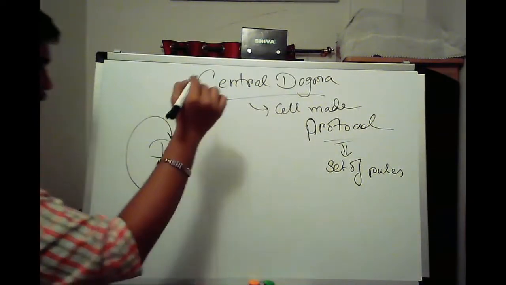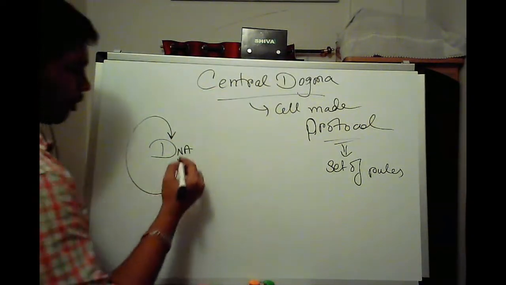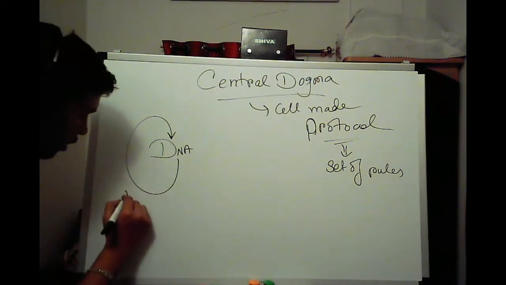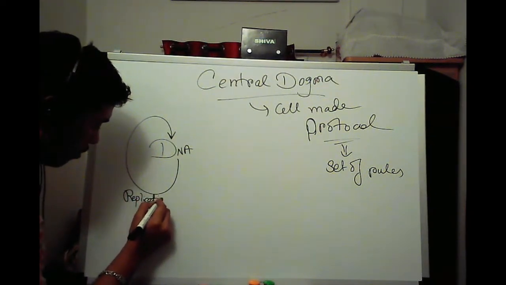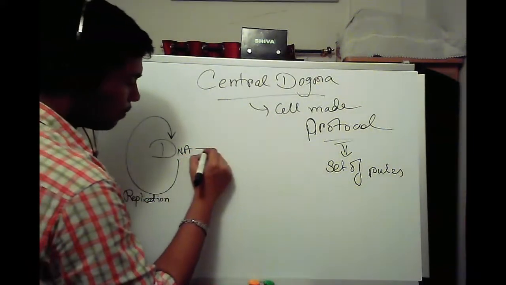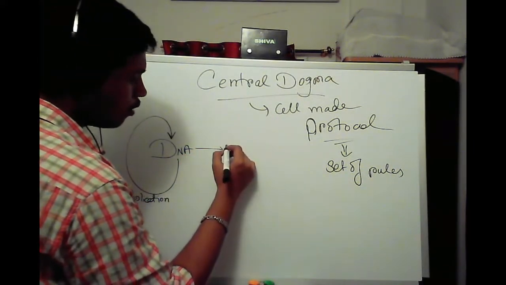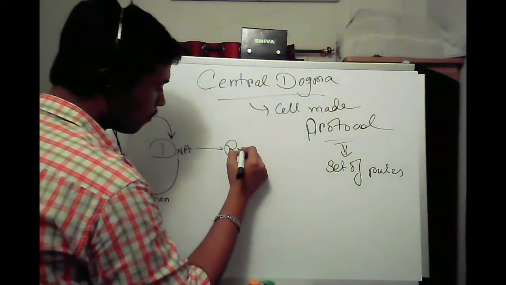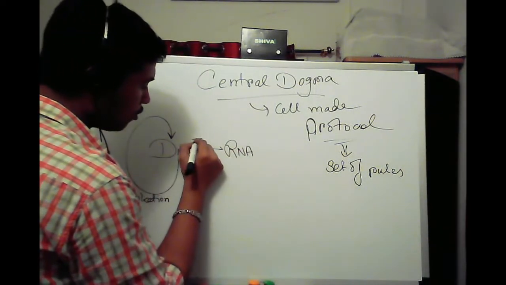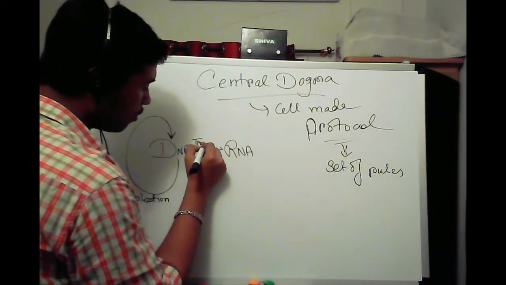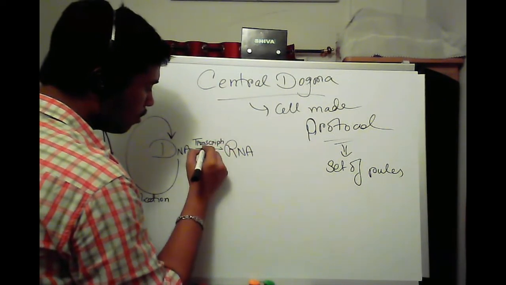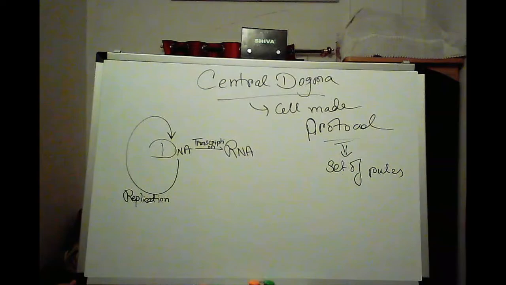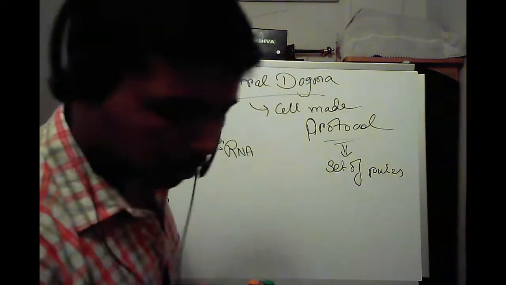can give rise to DNA. This process is known as replication. That same DNA can again give rise to an RNA. This process is known as transcription. Let's draw it a bit bigger.